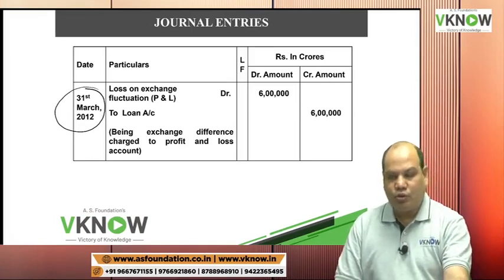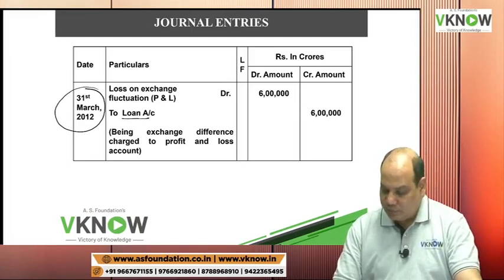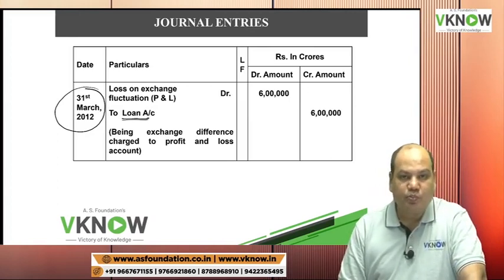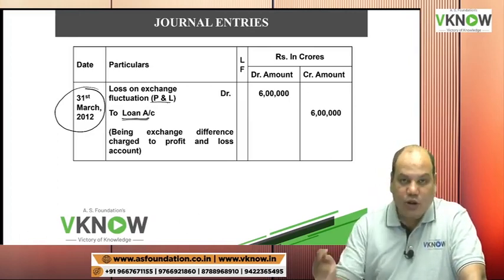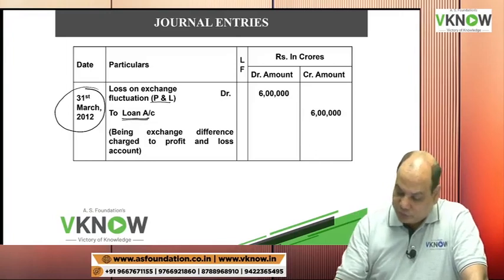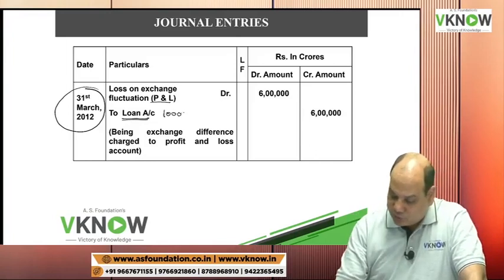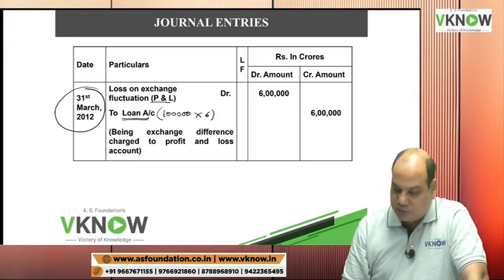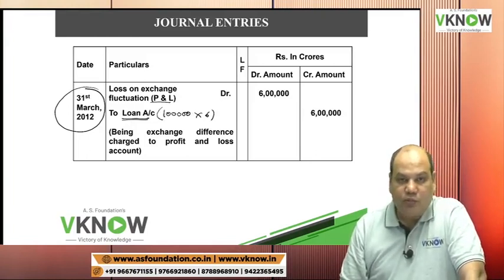So we are going to again transfer the difference to P&L account. Now if you look at the exchange rate, it has gone up by 6 rupees. From 46, it has become 52.